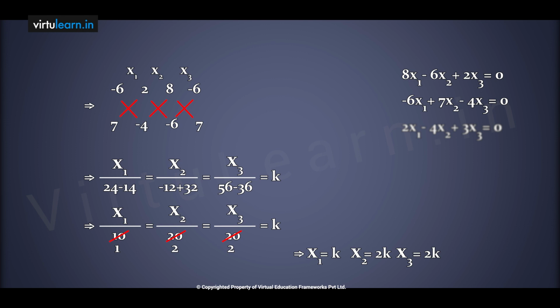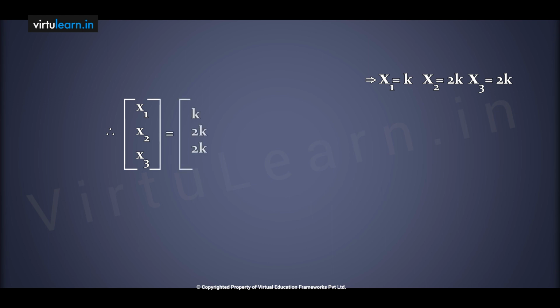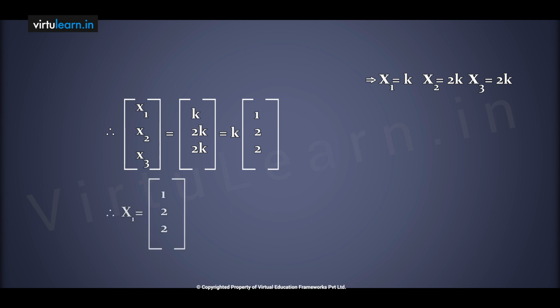Now substitute all these values in the vector x1, x2, x3 equals k, 2k, 2k, that equals k, where k is common, times 1, 2, 2. Now this is a linearly independent vector and k is nothing but a parameter. Corresponding to lambda equal to 0, 1, 2, 2 is the eigenvector.